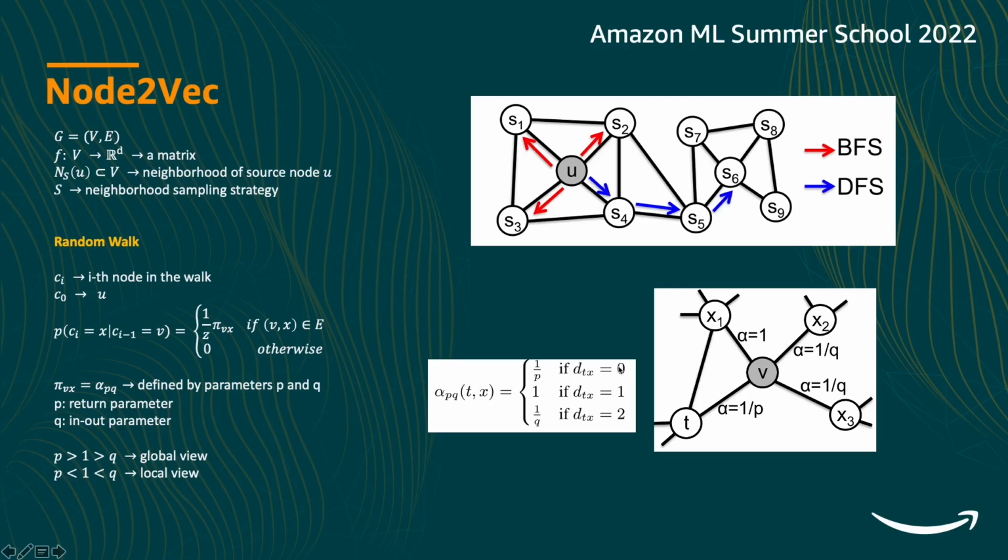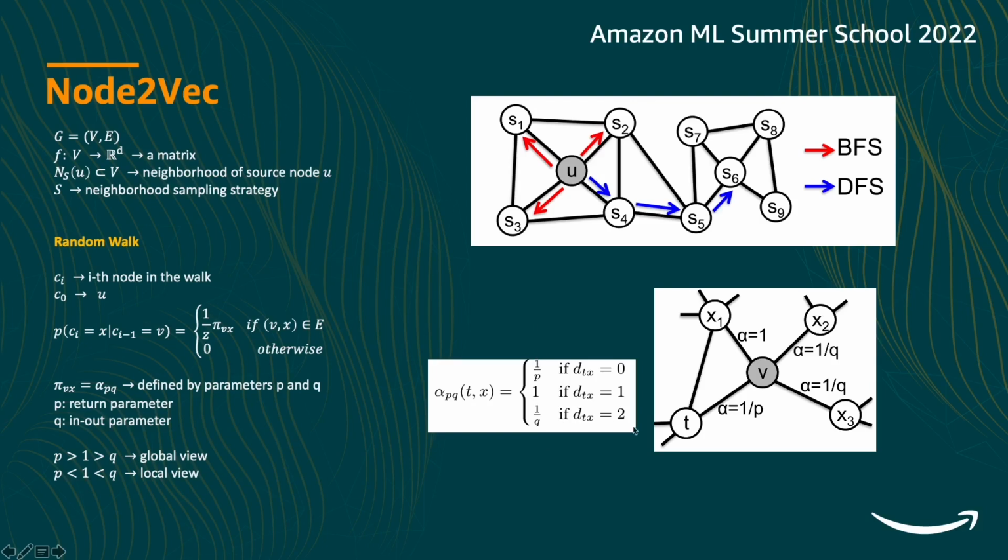So it says that if the path length is 0, we jump to that node with probability of 1 over P. P and Q are the two hyperparameters that we need to define, and P is known as the return parameter. And if the distance is 1, we make that choice with a probability of 1. This is not the norm, this is unnormalized probability.